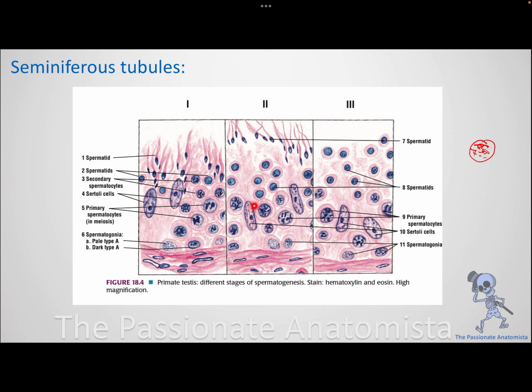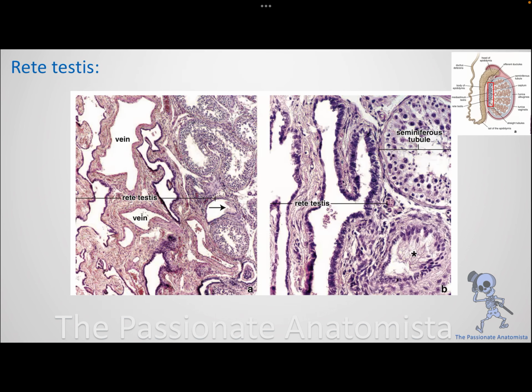If you have the oval-shaped or triangular-shaped cell, this is your Sertoli cell. If you have a circular cell that looks like ink spots, this is actually your spermatids. And then these are your late spermatids or spermatozoa. Here we can say late to make it easy, or we can also say spermatozoa. This is at the luminal side.